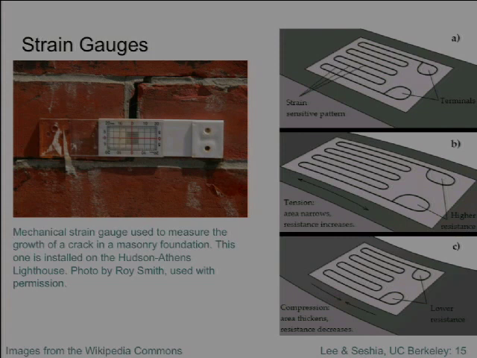But they also put in strain gauges, and strain gauges are really very simple devices. You just use a stretchable material that when it stretches, it gets narrower and its electrical resistance increases. So you just measure the electrical resistance of this thing, and as it stretches, the resistance goes up.